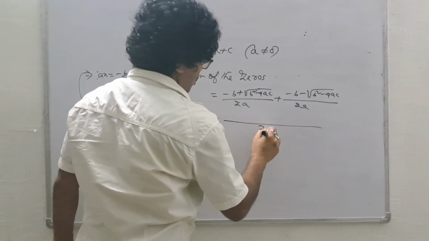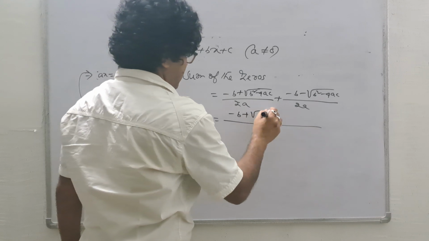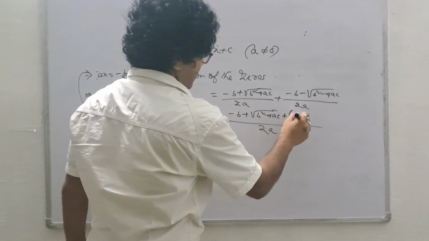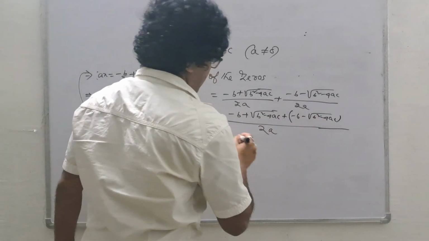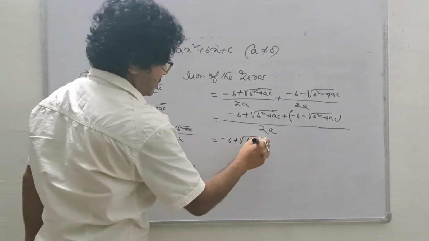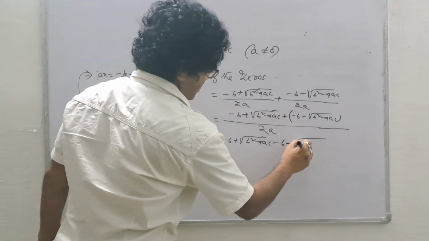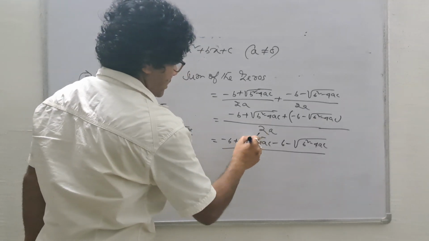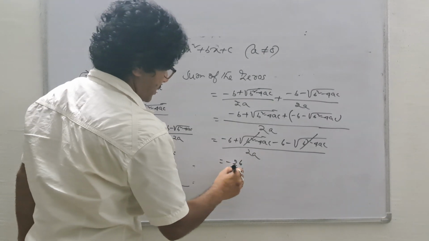Now the plus and minus root terms cancel, leaving minus 2b divided by twice a.